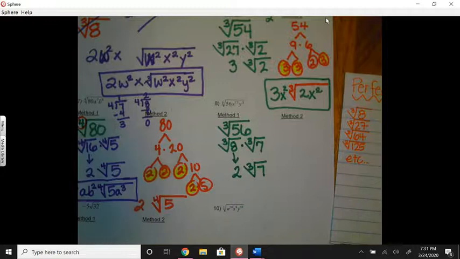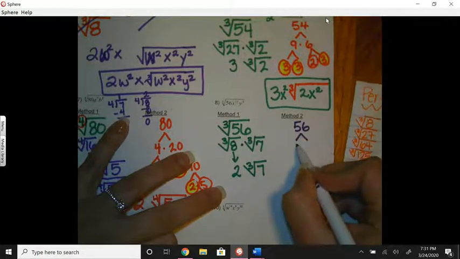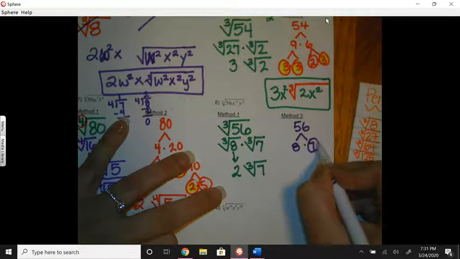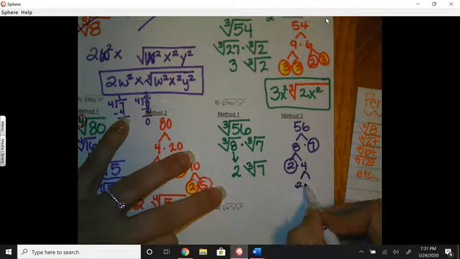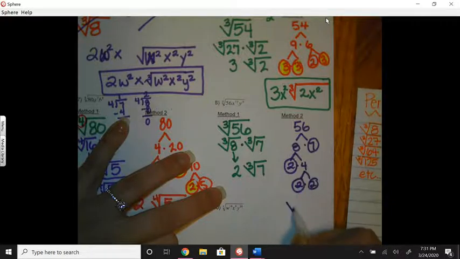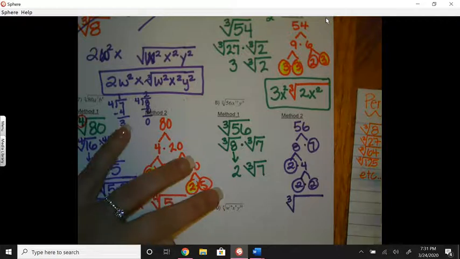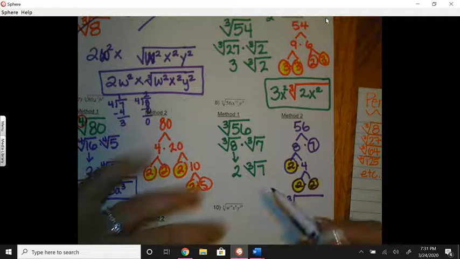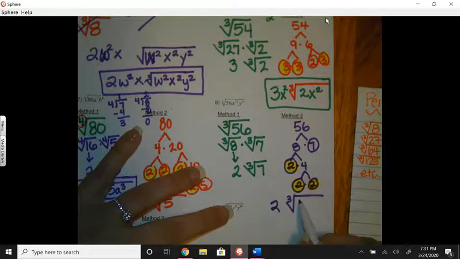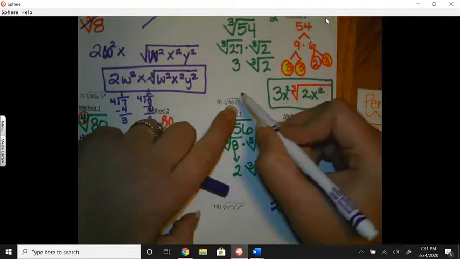Now we can also get that same answer if we just make a factor tree. We could use 8 times 7 still. And because the index is a 3, we're looking for a group of 3. But only 1 makes it out of the radical, and then we have the 7. So same thing. Then as far as the variable goes, we divide.